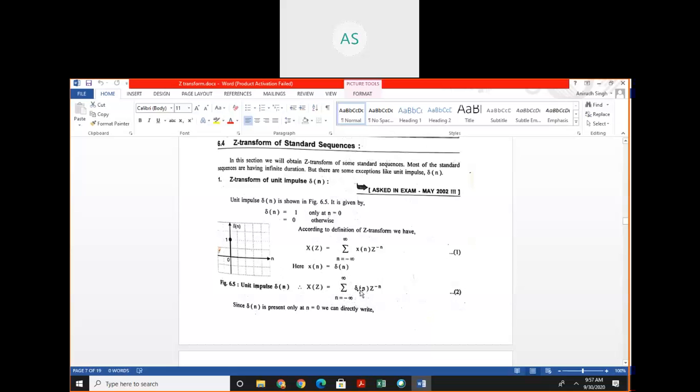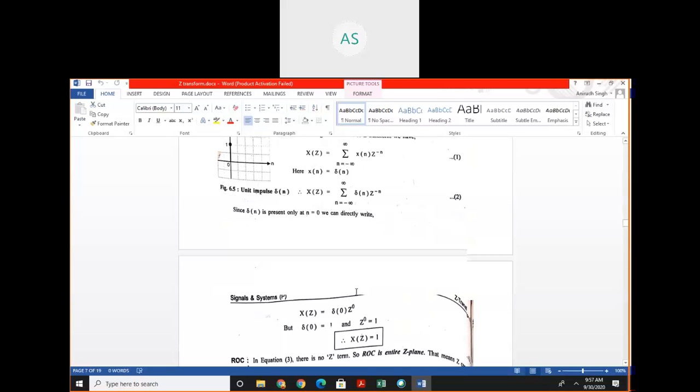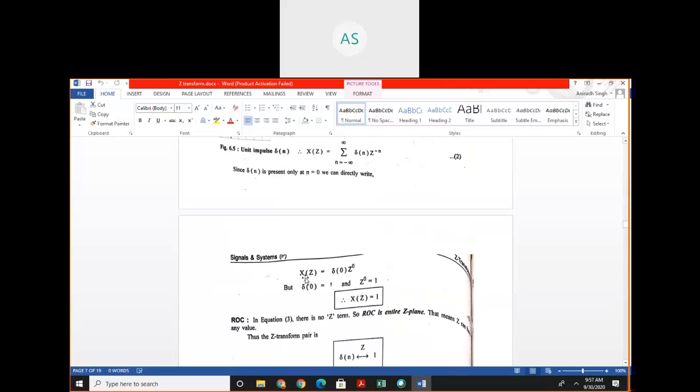And according to the definition of Z transform, we have x of z equal to summation n from minus infinity to plus infinity x of n multiplied by z raised to the power minus n.